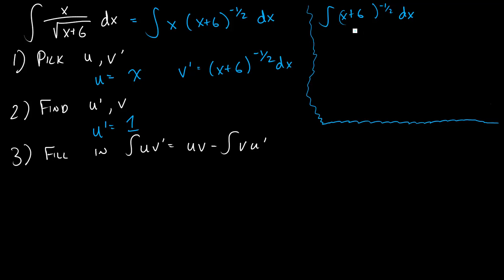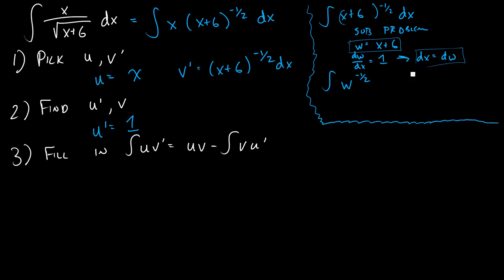So this is a substitution problem, and I'm going to make w equal to x plus 6, and that means dw over dx is going to be equal to 1, which tells me that dx is equal to dw. So these are the two facts that I can substitute from. And so the way this will work is I'll have the integral of w to the negative 1/2 dw.